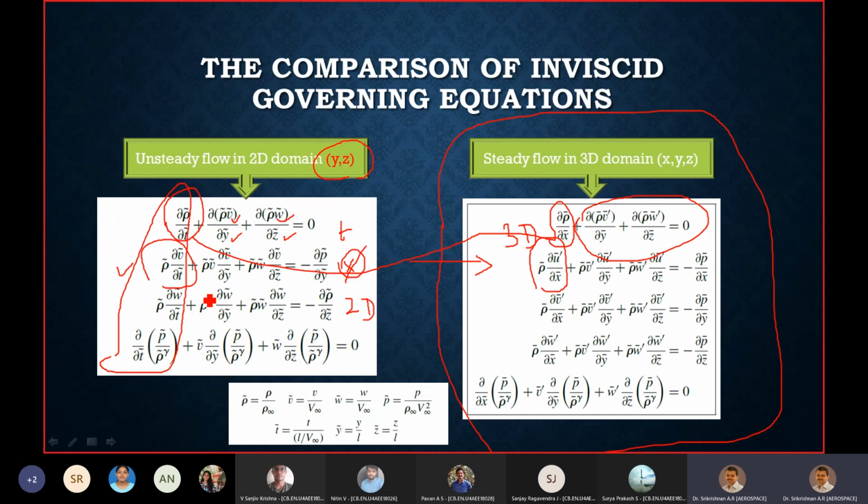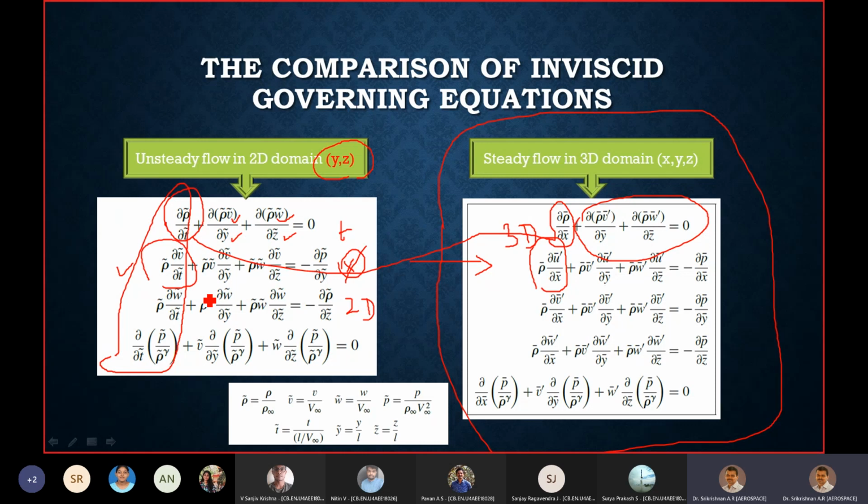Okay, so if you go like this, you can see that physically there are two different things, but mathematically in the constituents, in the composition of the equations, there is a similarity. In somewhat loose terminology, I can say that there is a one-to-one correspondence between the mathematical terms.